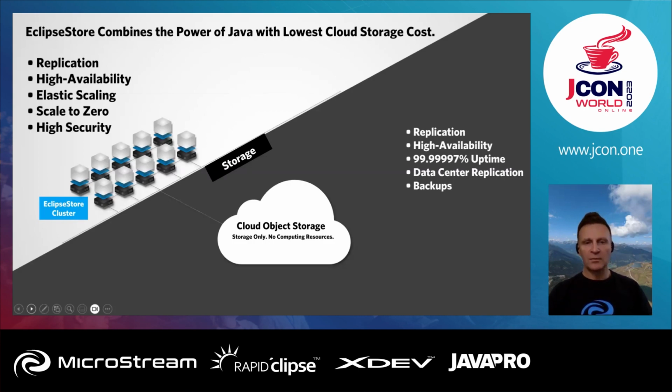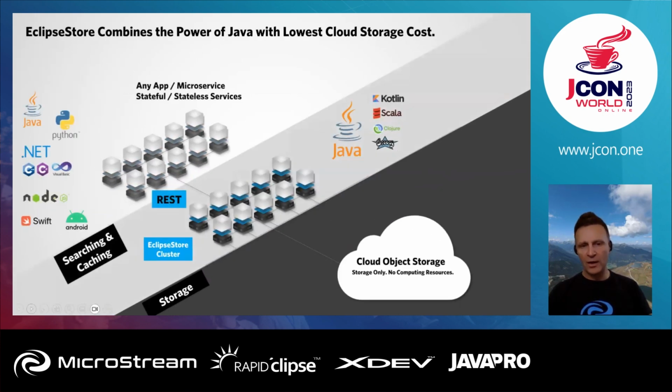distributed, stateful. If you prefer running stateless, or you need to run stateless services, you can do that. Then you can use Eclipse Store cluster to query the Eclipse Store cluster by REST, and then you can query the Eclipse Store cluster with any technology.